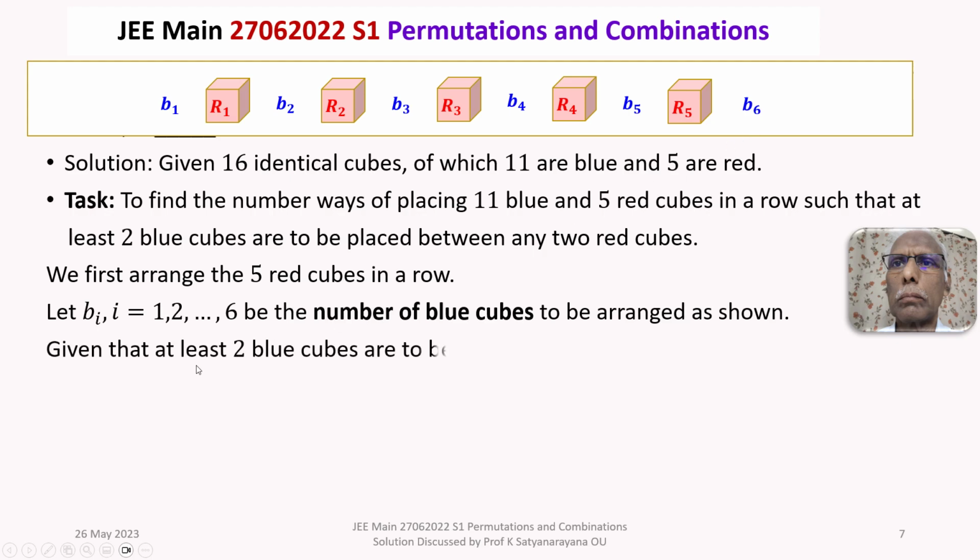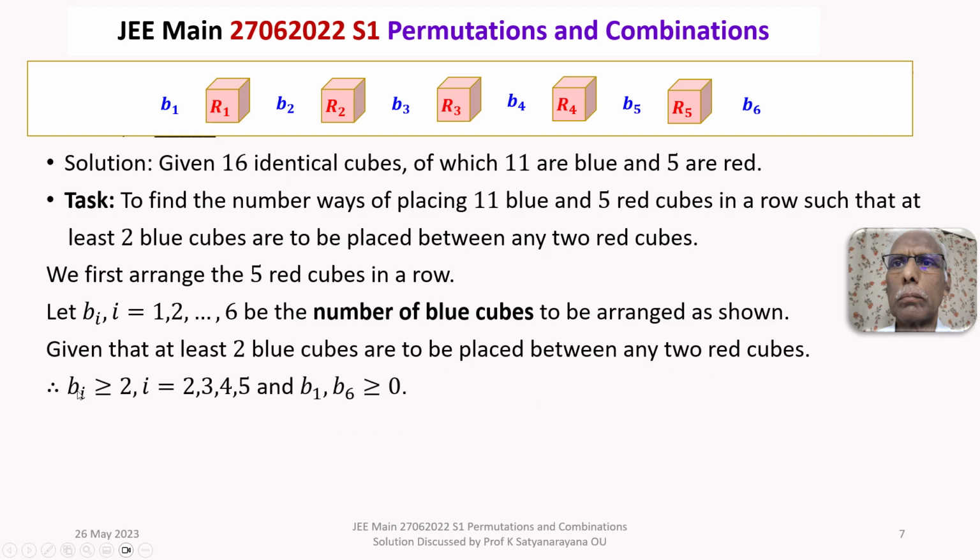We are given that at least two blue cubes are to be placed between any two red cubes. Therefore, B2, B3, B4, B5 are each greater than or equal to 2, and on B1 and B6 no conditions are there; B1, B6 are greater than or equal to 0.